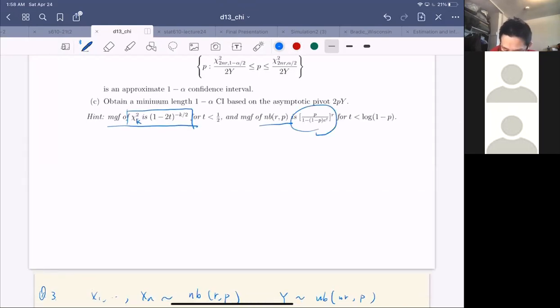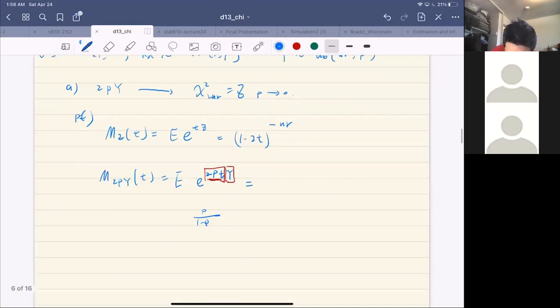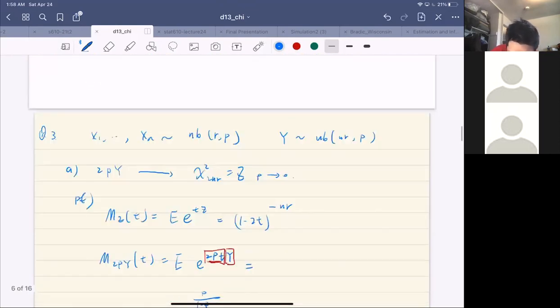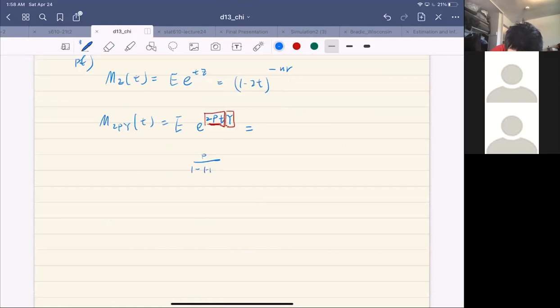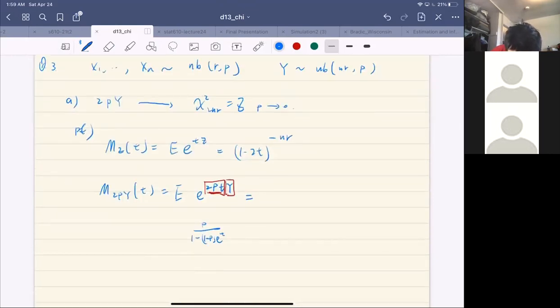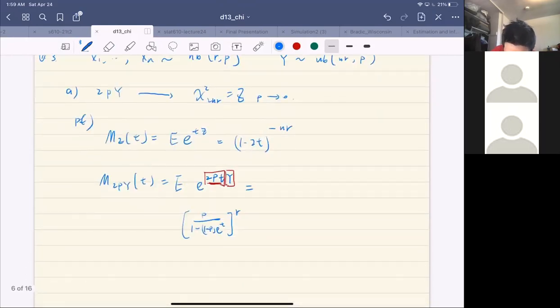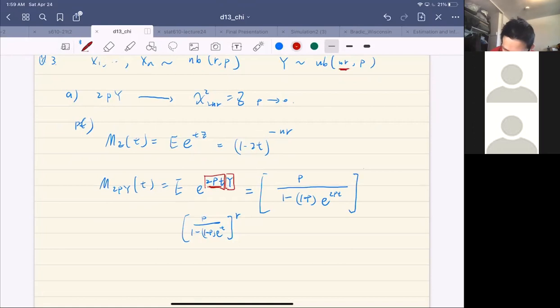So we can plug in the formula, which is p over 1 minus (1 minus p) e to the power t, to the gamma. So the p is the same, 1 minus p is the same, e to the t, t is 2pt here, and Y will follow the negative binomial n gamma.